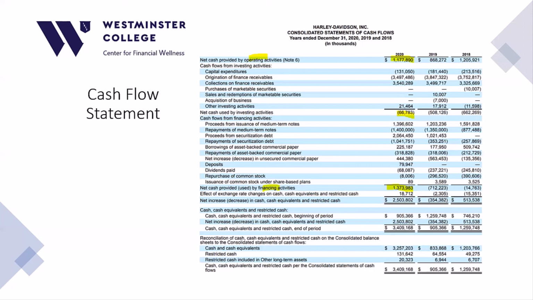So what's interesting here is that Harley-Davidson doesn't even provide the detail behind the net operating cash flow, if you'll notice. They just give us the balance. And that's because this is included in their notes to their financials. Notice that right there. All right, what are notes to financials? The notes to the financials are the narrative information that's included with the financials.